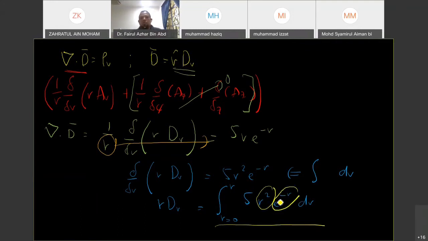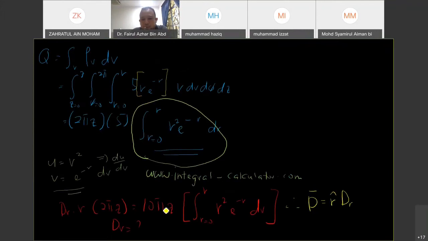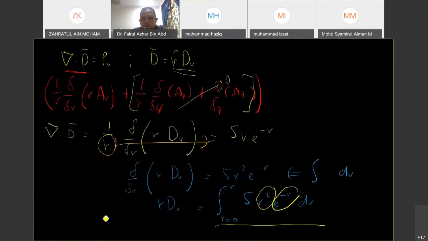We can refer to the same website to get the solution of it. Basically, I think we have the same expression as the previous one. If you can solve this one, then you can solve this one as well.